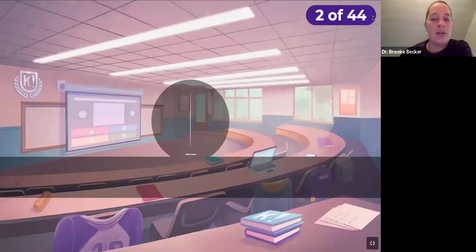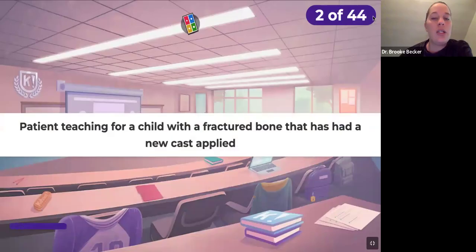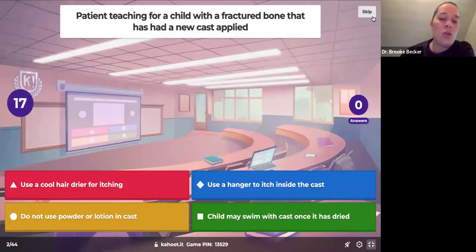Multiple select. Patient teaching for a child with a fractured bone that has had a new cast applied. Use cool air dryer for itching. Use a hanger to itch inside the cast. Do not use powder or lotion in the cast. Child may swim once the cast has dried.